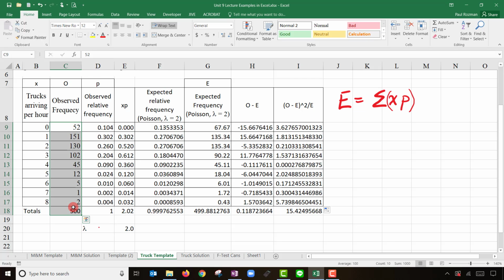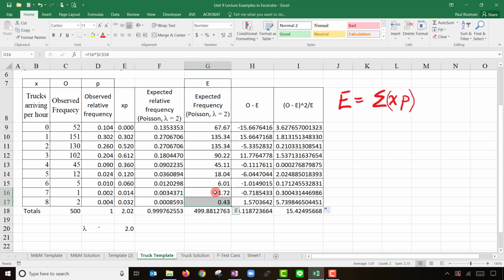We've met the random part. Now, we also need the expected values to all be greater than or equal to 5. Well, we were doing pretty well here. Most of these are greater than or equal to 5, except the last 2. The probabilities got so low that we aren't representing these categories very well. They're under 5.